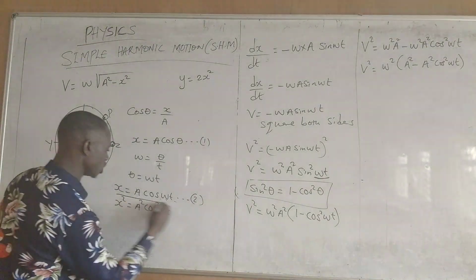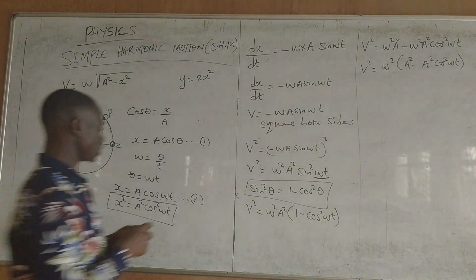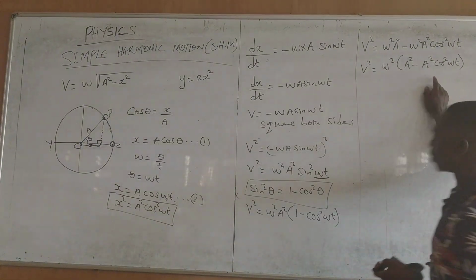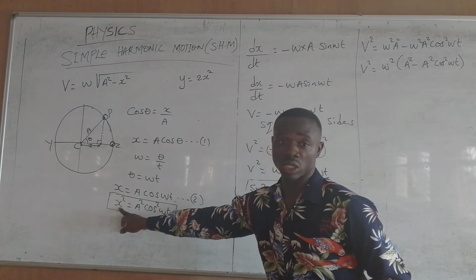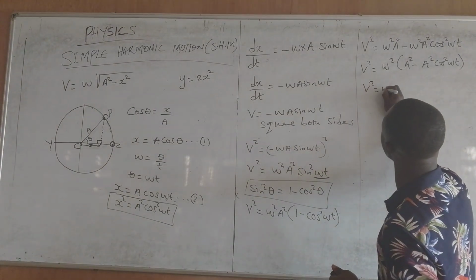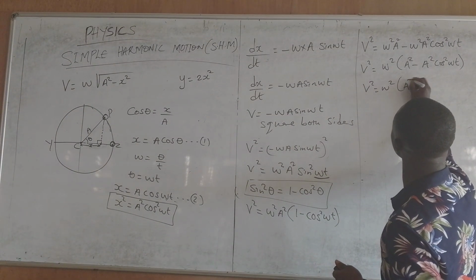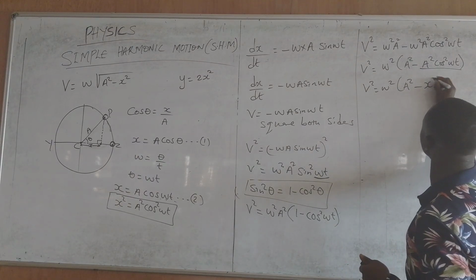Now let's substitute this equation into what we have here. What is our a square cos square omega t? That's x square. So we now have v square equals omega square into a square minus x square.